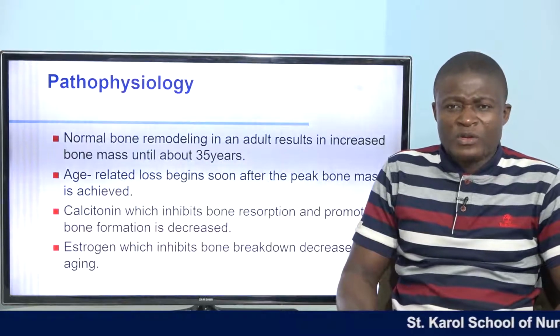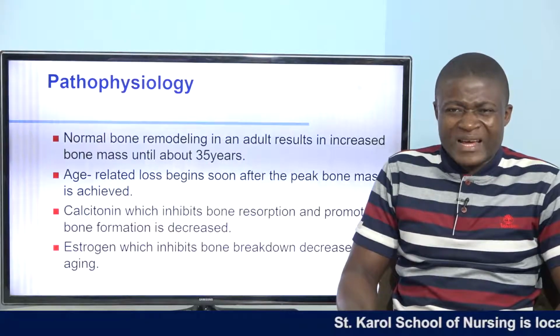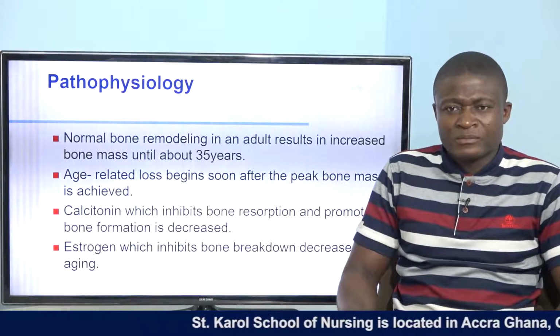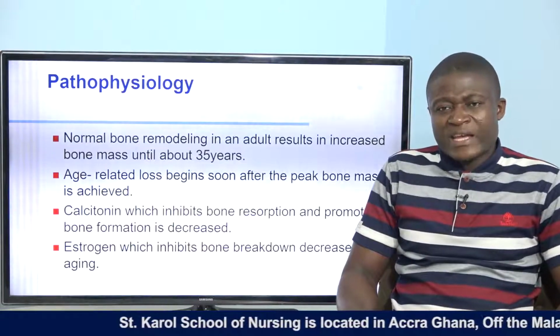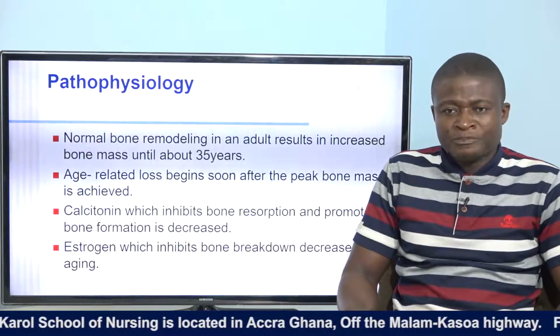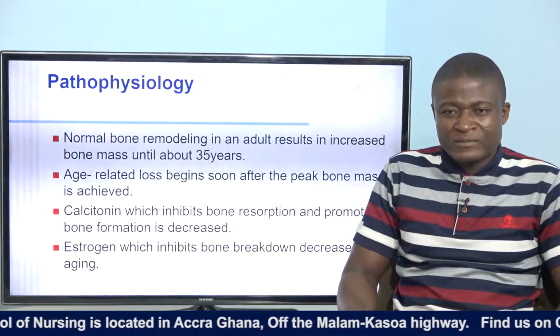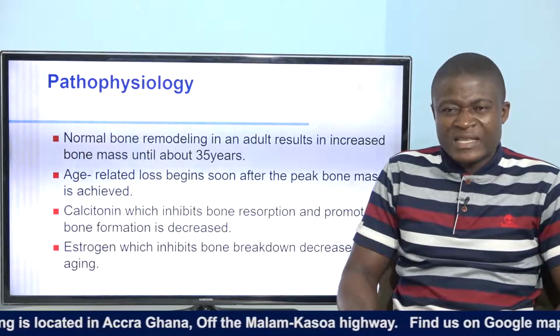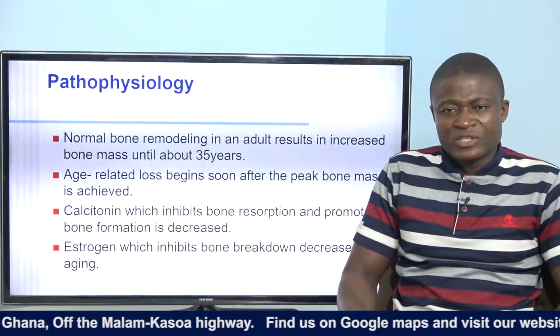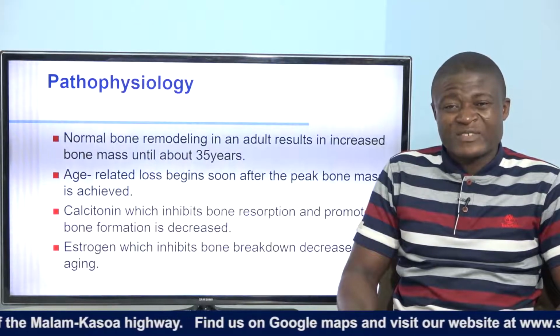Pathophysiology. Normal bone remodeling in an adult results in increased bone mass until about 35 years. So as we are aging, from age one all the way, we have our bones remodeling. They keep increasing in size, and it continues like this until one is about 35 years old.